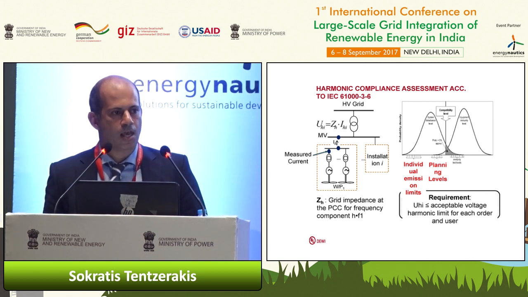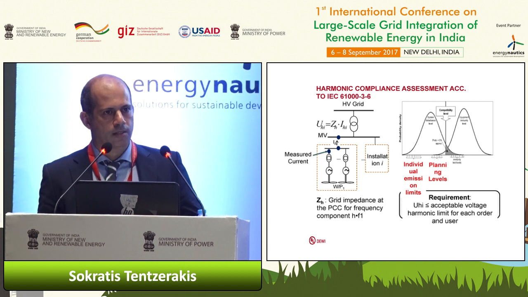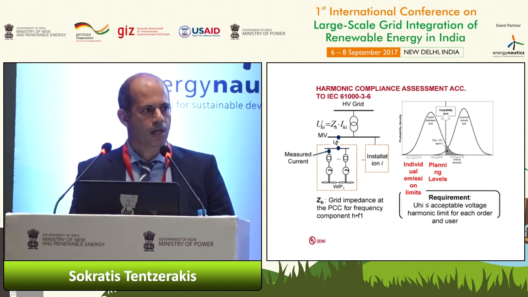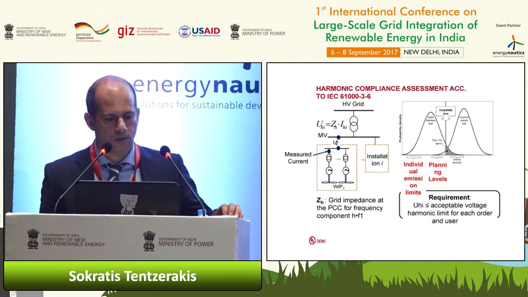The left curve is the area where the planning levels of the system should lie, and these are defined by the grid operator, while each unit and each plant is assigned a fairly lower level, which depends on the total number of installations on the specific node of the grid.